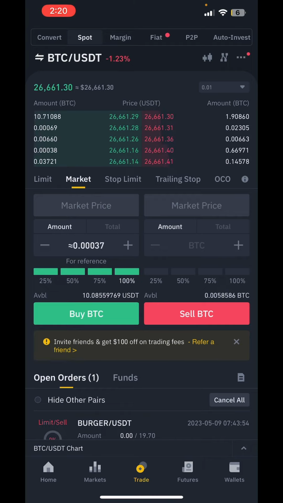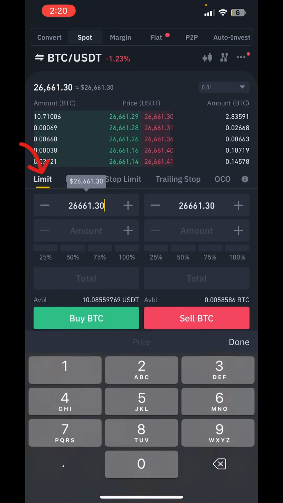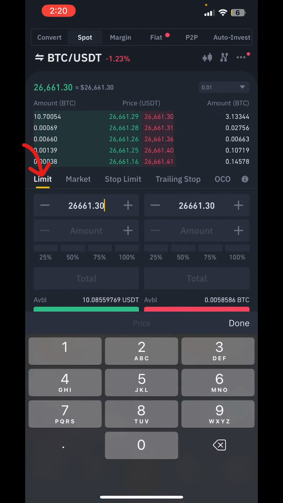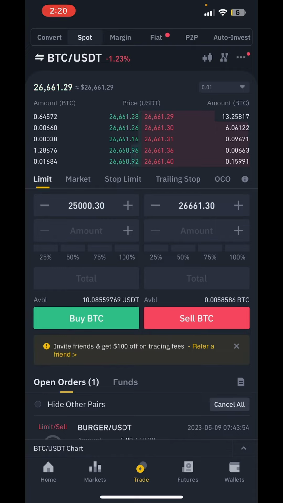But when you click on limit, you can actually place the trade at any price you want. Let's say you want to buy Bitcoin at 25,000, then you put the amount. Let's say I'm going to buy $10 at 25,000.